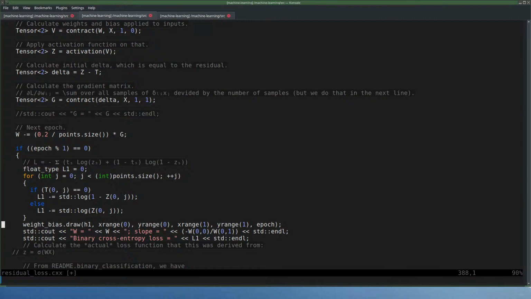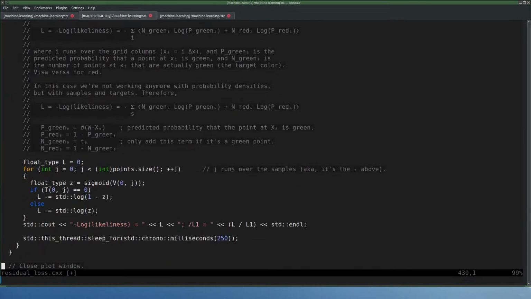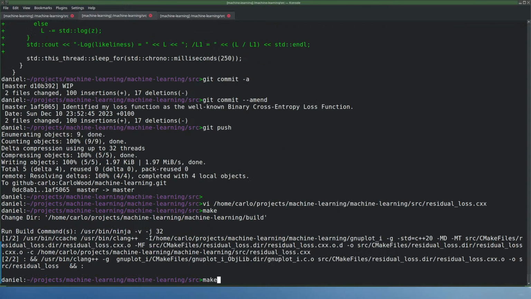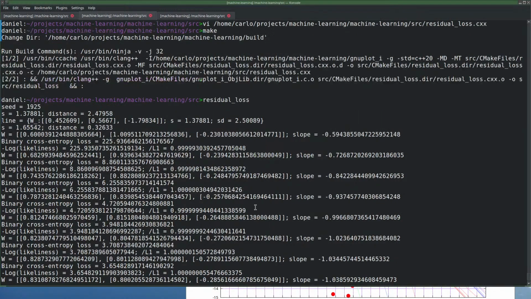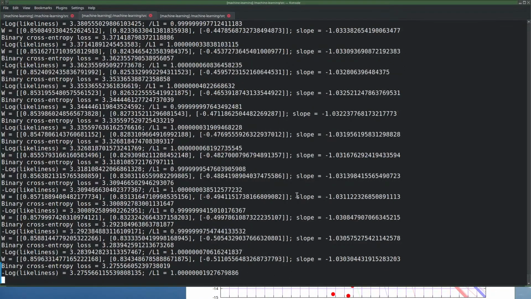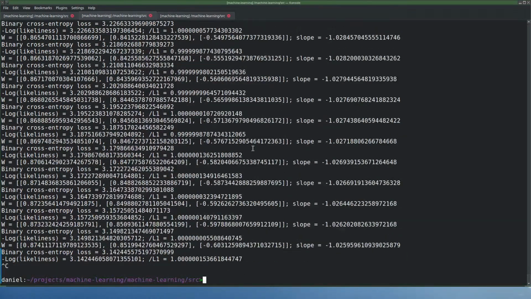Now I don't see a difference anymore, so now it should be exactly the same. It's not the same. What the hell, man? Why? It's so weird.